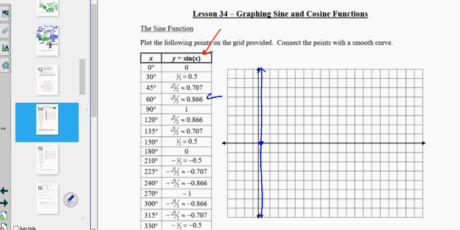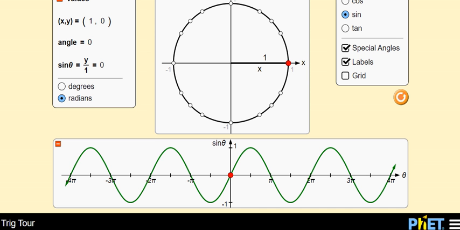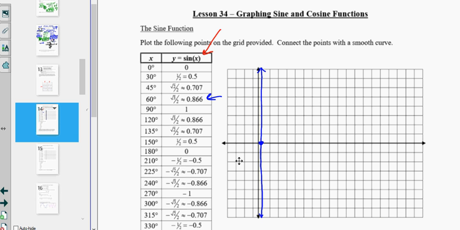These numbers that they're finding are all the exact same things that were on our trig tour. So the very first point would be at pi over 6, that's that angle there. Well, if you go back to this, we'd have to label pi over 6 across the bottom there.